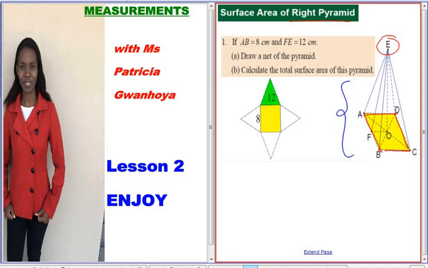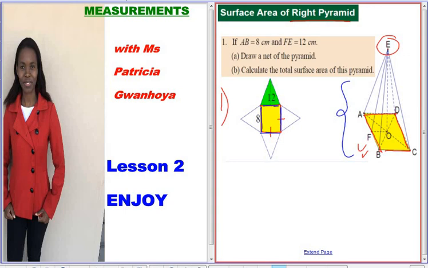If we're talking about this particular one that we've got here, especially this one on the right-hand side, notice there is a square at the bottom, and if it is a square at the bottom, those things that you're seeing on the sides are actually triangles. Because this one right here is a square, the triangles have the same base, because this side and that side and this side and this side are the same.